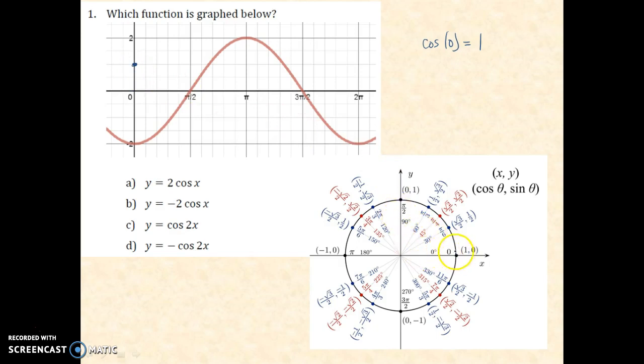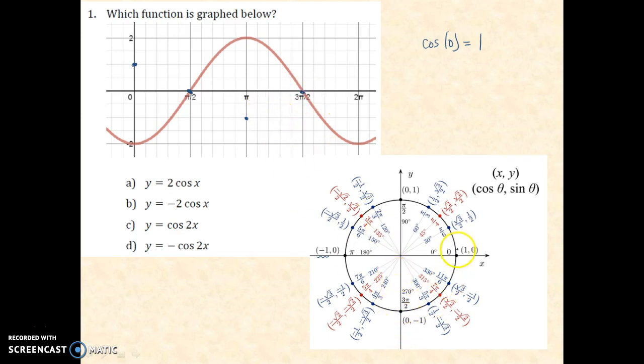When theta is pi over 2, cosine is 0. So at pi over 2, the graph of cosine will go through 0. When theta is pi, cosine is negative 1. So pi, negative 1. At 3 pi over 2, cosine is 0 again.